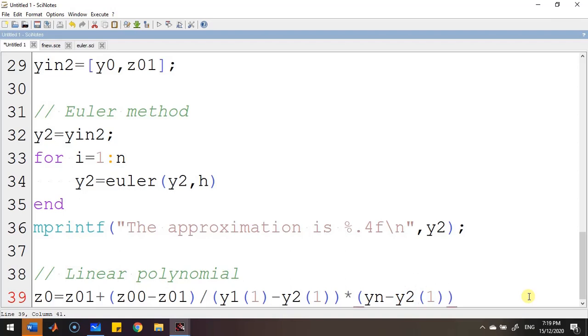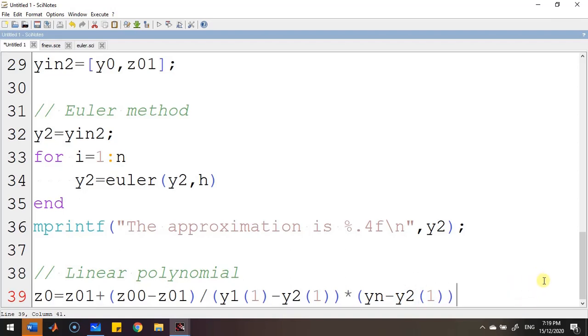What I'm doing here is considering that my solution will be for the first value of t here.